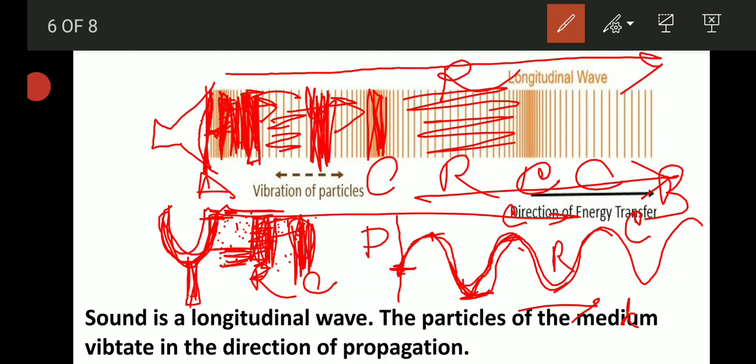So students, I think you understand how sound propagates through air, and from where we get the waveform. Actually sound does not travel like a wave. It is a graphical representation of the motion of the medium particles, which shows the wave formation.